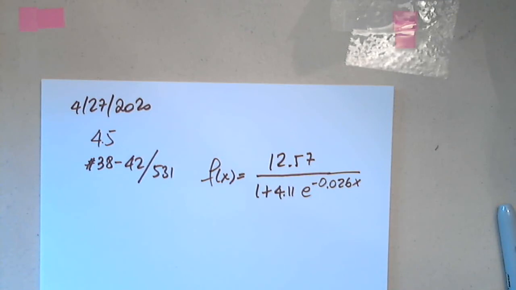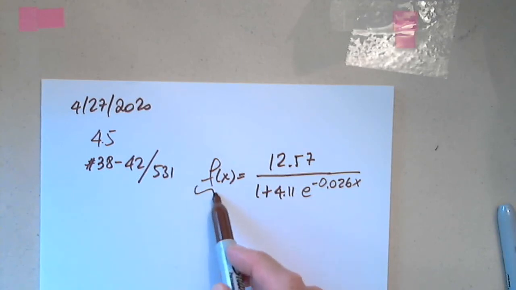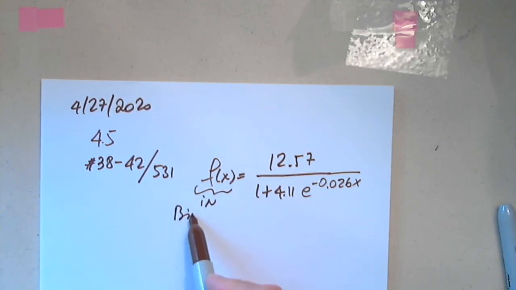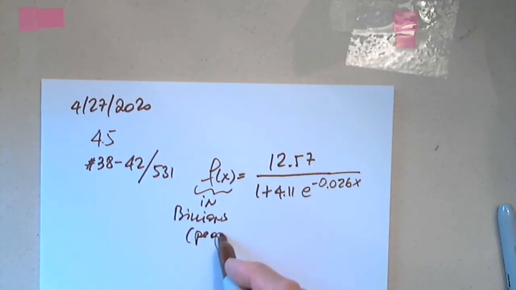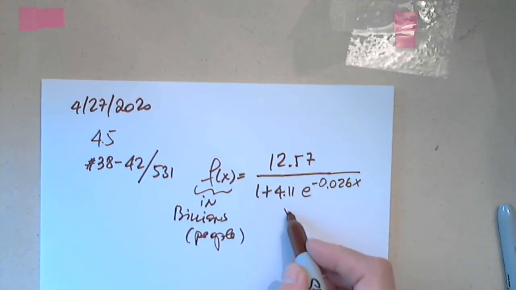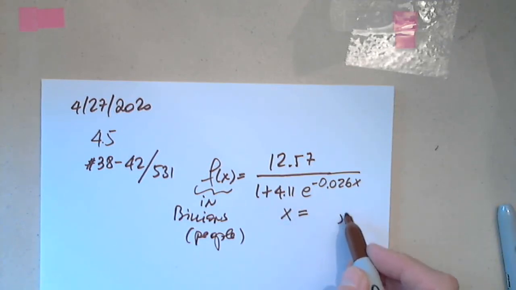Okay, so now let's read the problem. The logistic growth model for the world population, so this is in billions, and it's people, x years after 1949. X equals what for 1949?